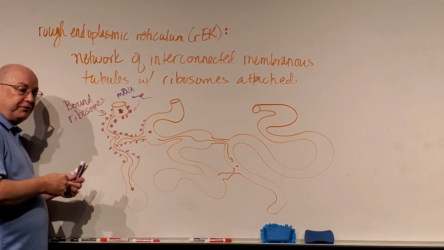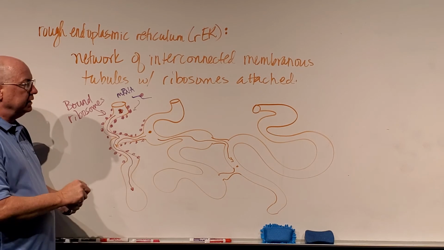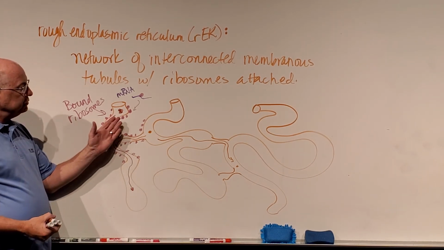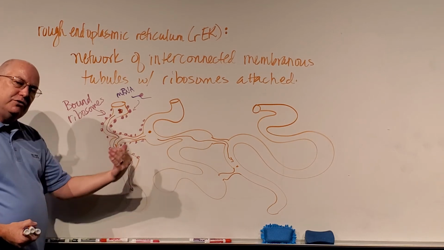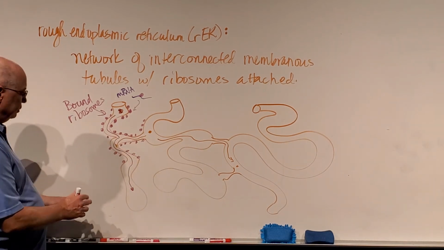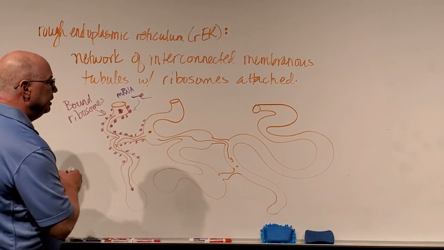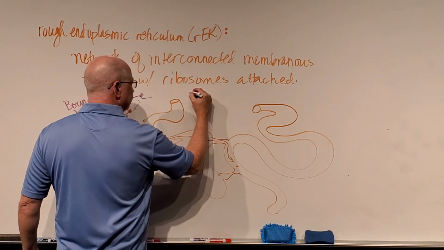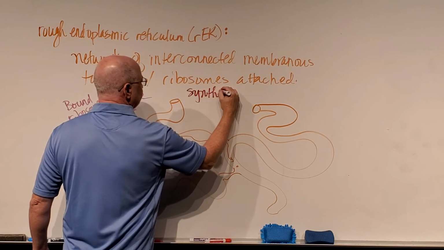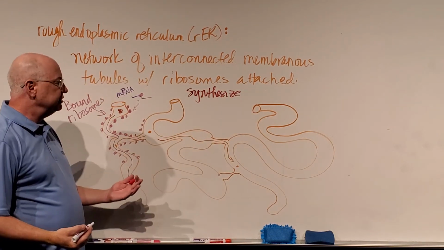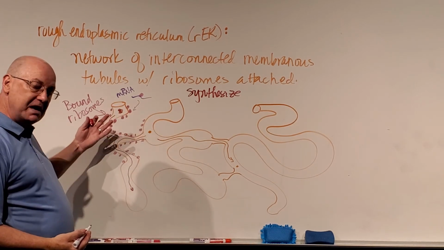So that's what rough endoplasmic reticulum looks like, and its function is that it's going to synthesize proteins that are going to be moved around in little transport vesicles. So if I were to write out the function of the rough endoplasmic reticulum, I would write it this way. It can synthesize, and quite honestly, the endoplasmic reticulum isn't synthesizing the protein, it's the ribosomes that make it rough.